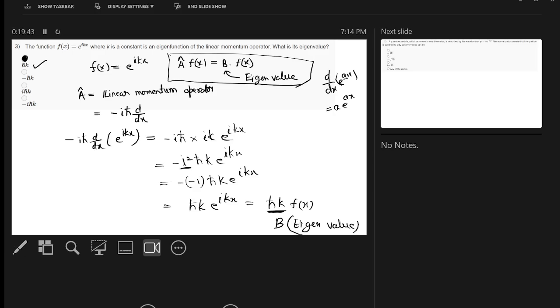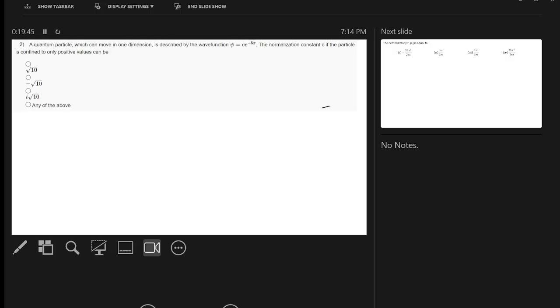Now coming to the next question. The question is, a quantum particle which can move in one dimension is described by the wave function psi equal to c e to the power minus 5x.